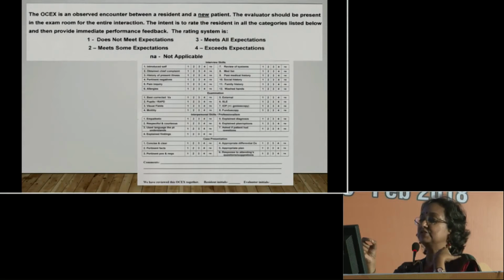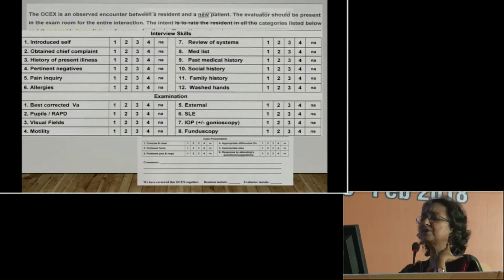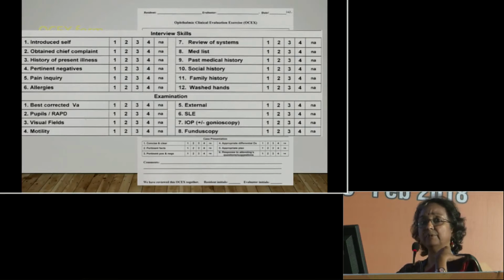The rating system goes from 1 to 4, 1 being does not meet expectations and 4 exceeds expectations. Not everything is applicable, because this is based on an American system of examining patients. Some of it is not applicable to us, and that's okay.